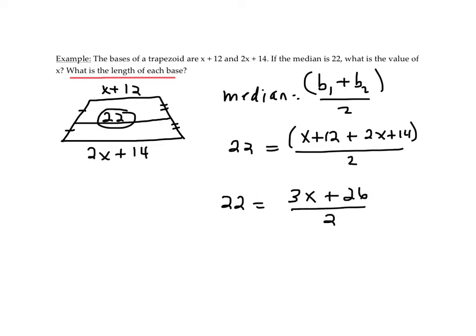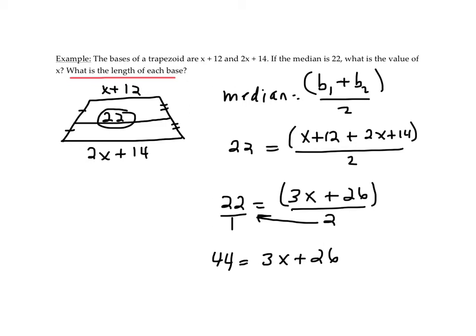Now, you could divide by 2. You'd have to work with a fraction or a decimal if you divided that 3x by 2. So instead of doing that, why don't we take and multiply both sides of the equation by 2? Or think of it as a proportion and cross-multiply. So take 2 times 22, we get 44. And that's equal to 3x plus 26.